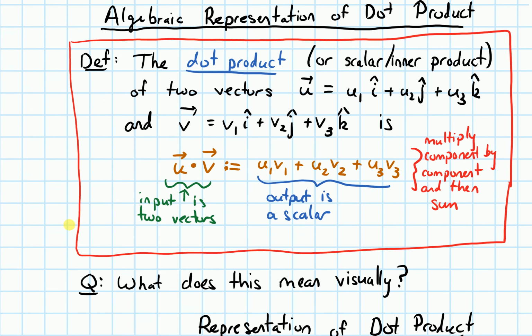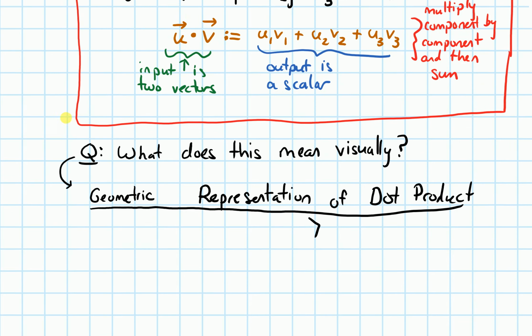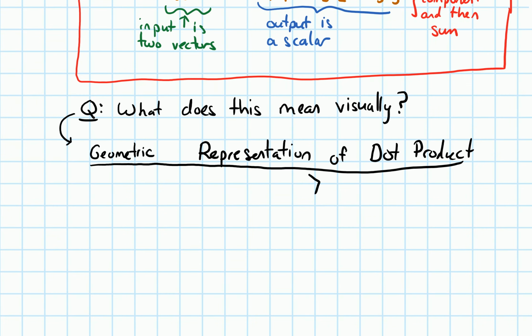But I want to answer a more important question first, which is, what does this definition mean visually or geometrically? So I need to talk about the geometric representation of the dot product now. Let's draw a picture. In this picture, I'm going to have a vector u and a vector v.